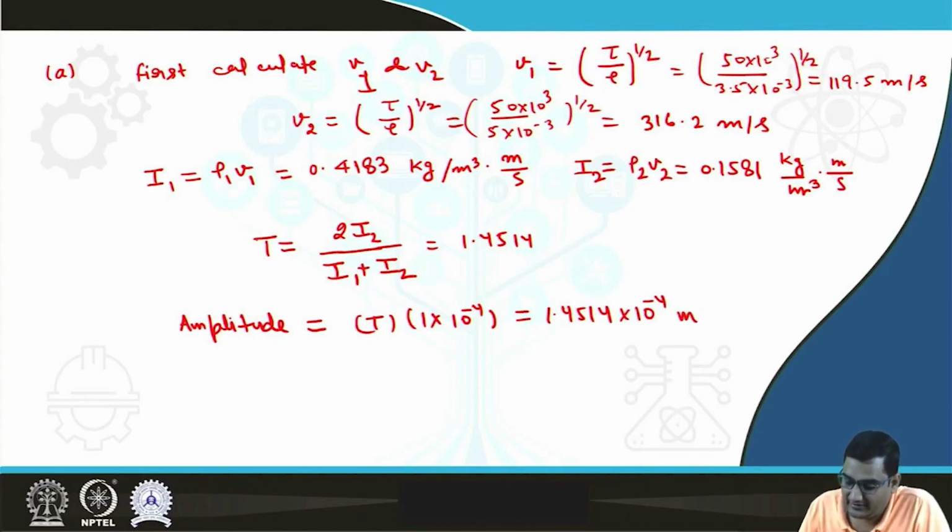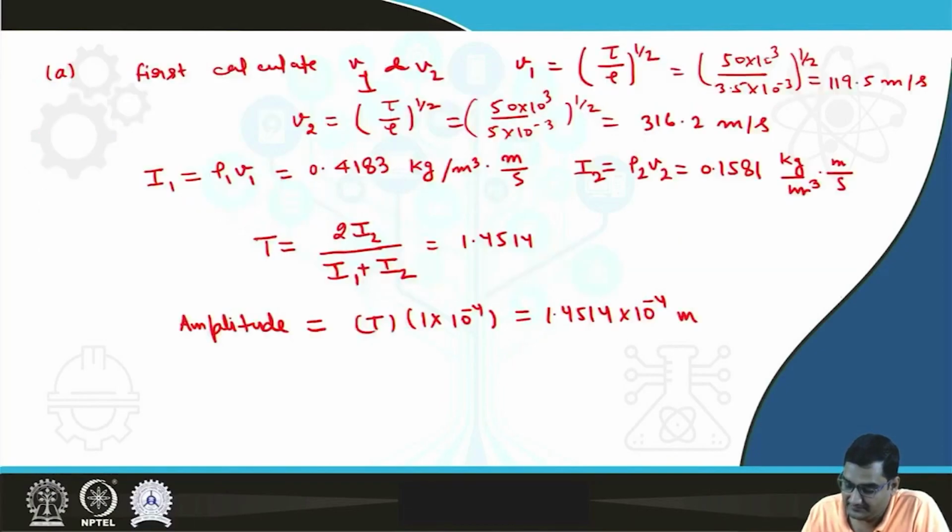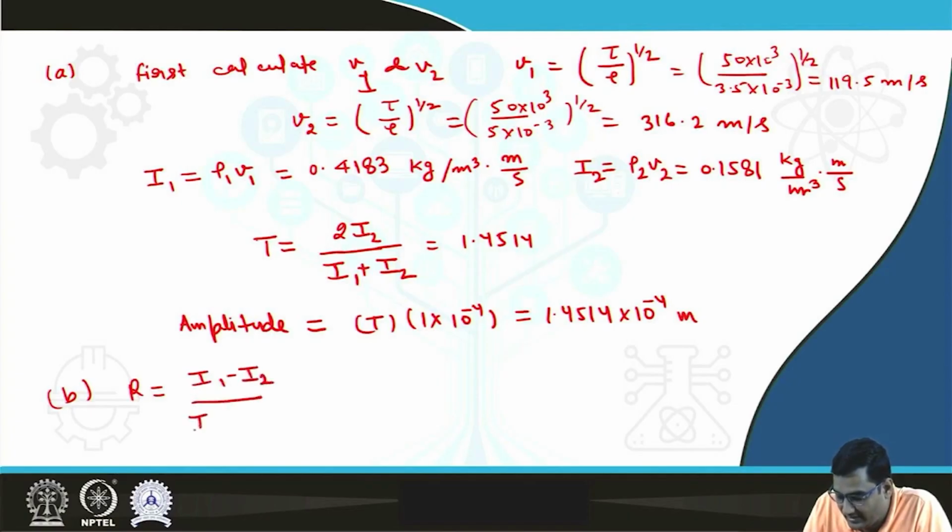Now we need to calculate the amplitude of the reflected wave in string 1. So question number B: what is the amplitude of the reflected wave in string 1? First we need to calculate the reflection coefficient, that is I1 minus I2 divided by I1 plus I2, and that will come out to be 0.4514.